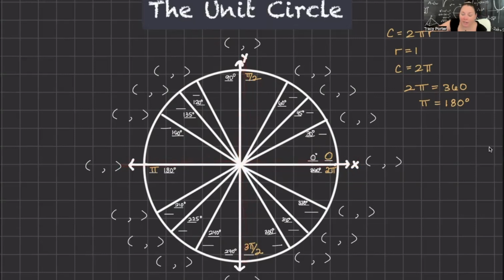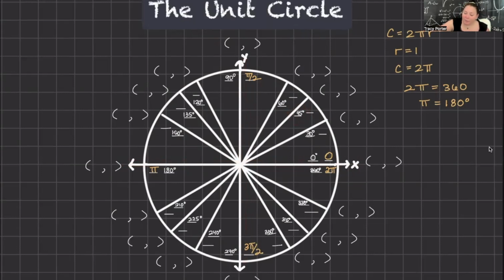Okay, so now we can go and fill in the others. The next thing that I recommend doing is all of your 45-degree angles, because all of your 45-degree angles are just going to be dividing that same distance that we just did into a half.